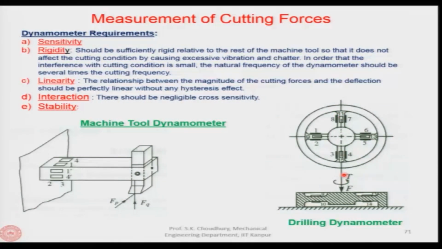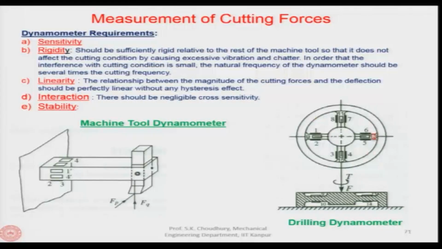So, there are altogether 16 elements or 16 strain gauges or 16 sensors, because as I said in the beginning, these can be either strain gauges or piezoelectric elements which will sense the force. 1, 2, 3, 4, 5, 6, 7, 8, these sensors will measure the torque, because as you can see, if torque is provided, these arms will be deformed, and along with the arms these sensors will be deformed and they will send the signal which will be equivalent to the torque being applied.